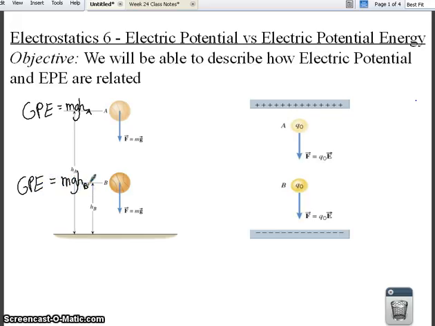So it is changing height from A to B. As it goes down, it is losing potential energy because the height is now smaller.